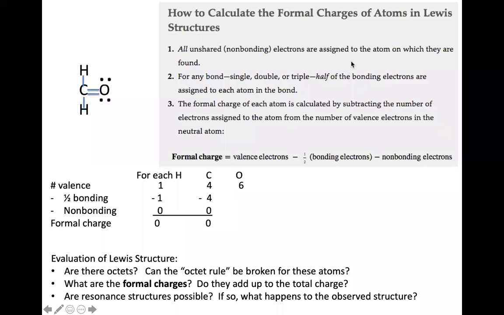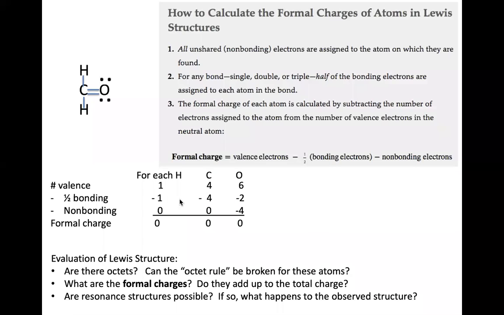So if I'm doing my math here for the oxygen, it's got a double bond, so it's going to get half of those 4 electrons. And then I see 1, 2, 3, 4 that are non-bonding. So for my oxygen, that's another case where it has a formal charge of 0. It got half of the ones found in the bonding, and then it gets entirely the ones at the non-bonding. So it ends up with a formal charge of 0.